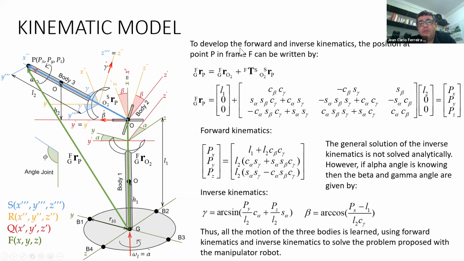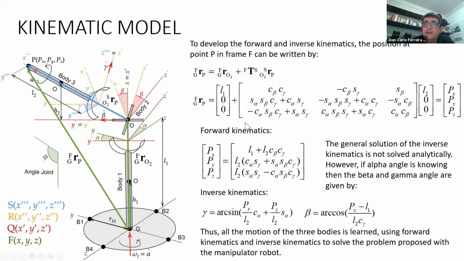Well, to develop the forward and inverse kinematics, the position of point P in frame F can be written by this expression. The vector R from G to P is equal to the vector R from G to O plus vector R from O to P. But the last vector is on body S, so it's necessary to make a transformation here.